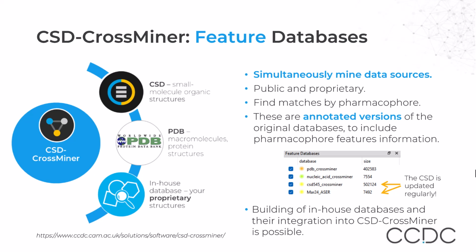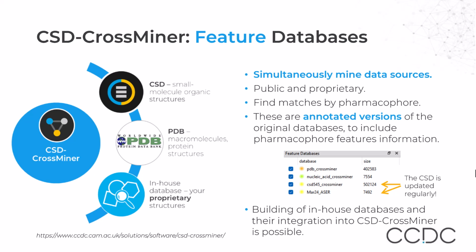You can use public data such as CSD and PDB and use your own proprietary data for your search, and all this you can do simultaneously. You can find matches by pharmacophore model, and the databases which are built into the CrossMiner by default are annotated, so there is some information which can be helpful when you filter your results. And also when you create your own in-house database, you can annotate it the way you want and then filter out all the results that you need.